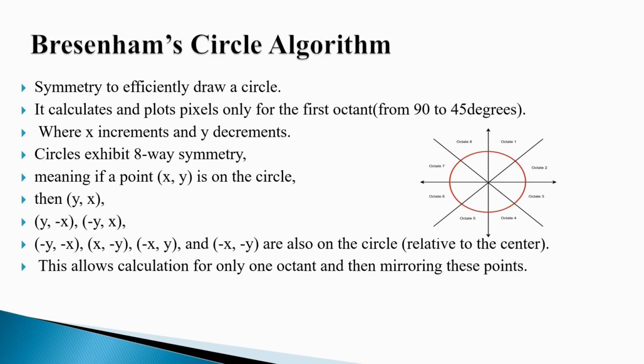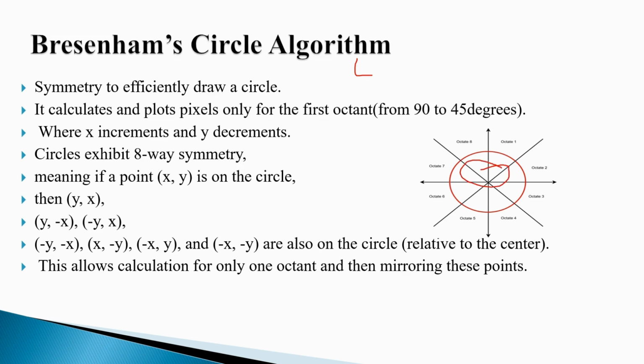The circle will be made up of 4 quadrants. This is how the circle will be represented, right? This is a figure of a circle with all the quadrant values.